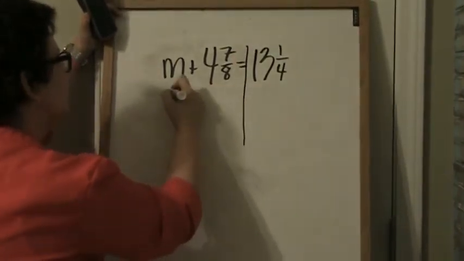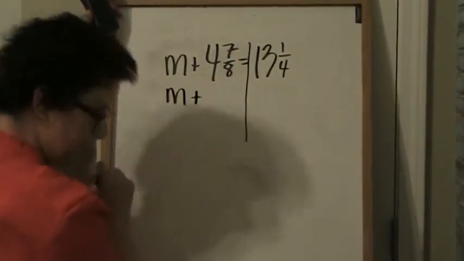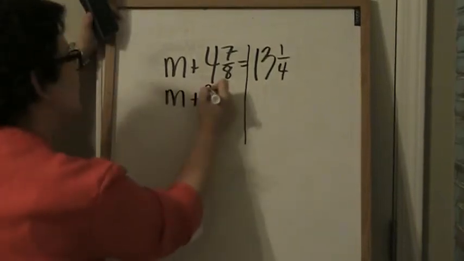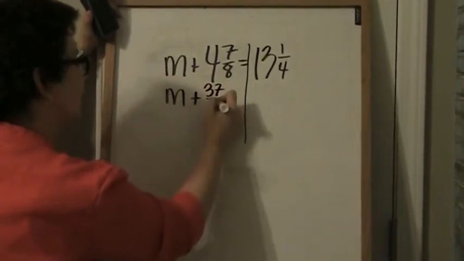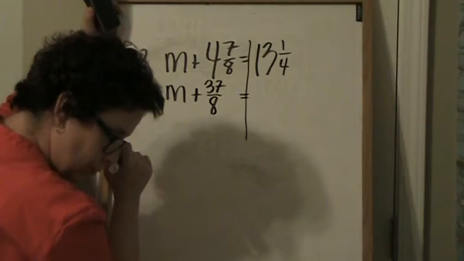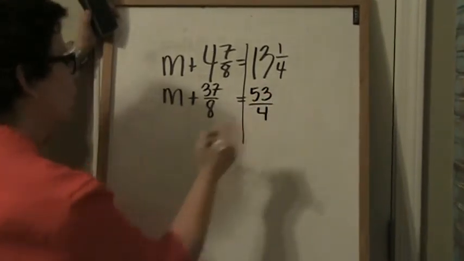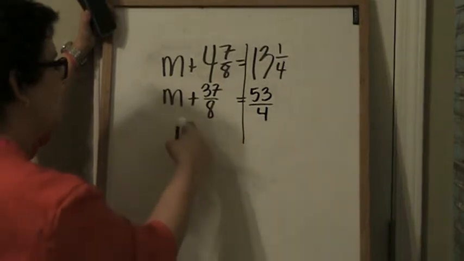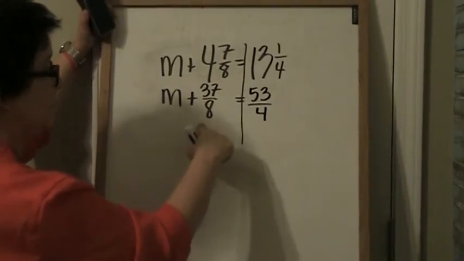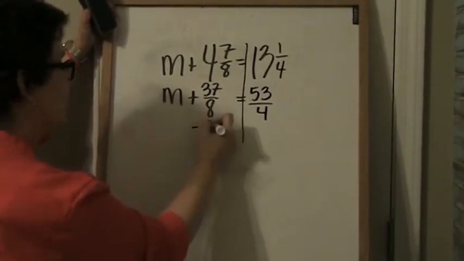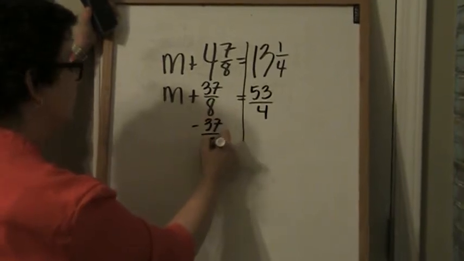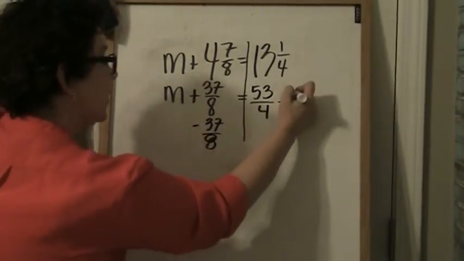So I'm going to rewrite it as M plus 37/8 is equal to 53/4. Now I need to subtract this fraction and this fraction.